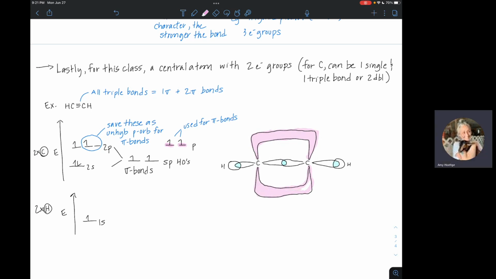So we have another unhybridized p orbital along the z-axis, don't we? And so we're going to allow this, imagine anyways, this is going behind or into the page. And we have another one coming out of the page. It's still a pi bond. Draw this, color it in just a little bit darker so that you can see that there's two here.